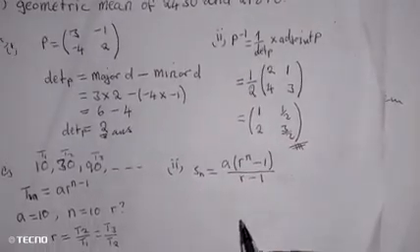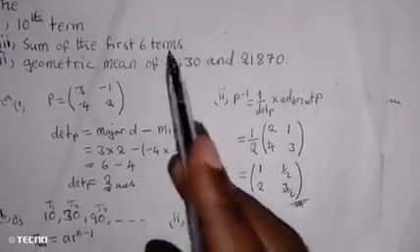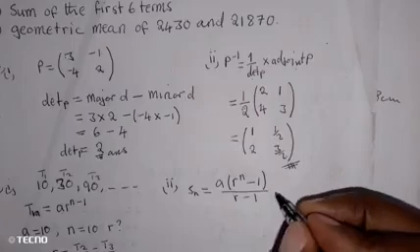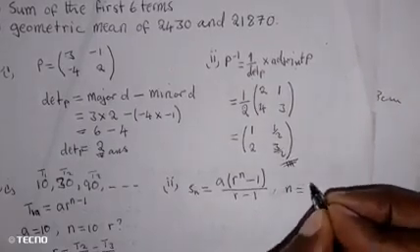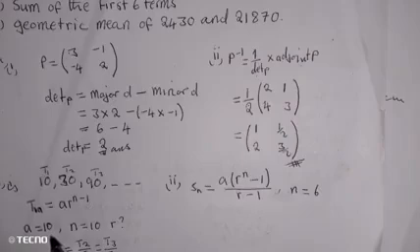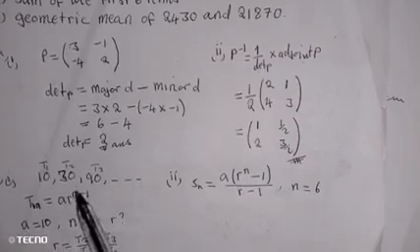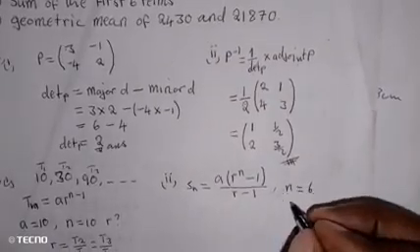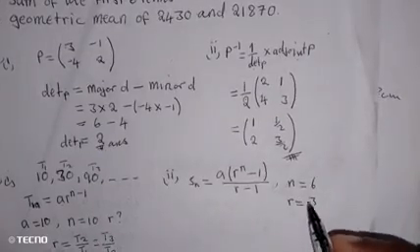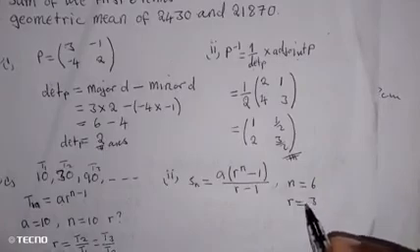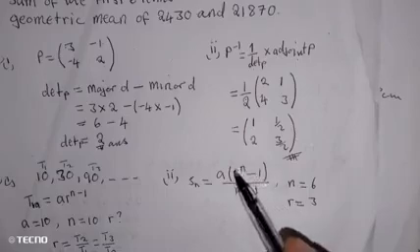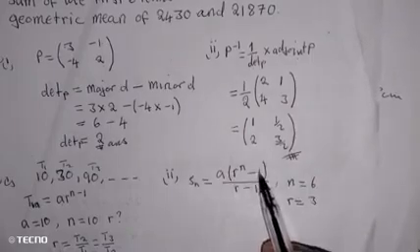So here we are calculating the sum of the first 6 terms. We are saying that n is equal to 6, the first term is still 10, and our common ratio is still r equal to 3. Since r is greater than 1, we use this formula. If r was less than 1, we would have changed this r to be on the other side.